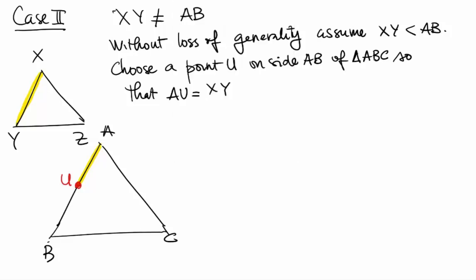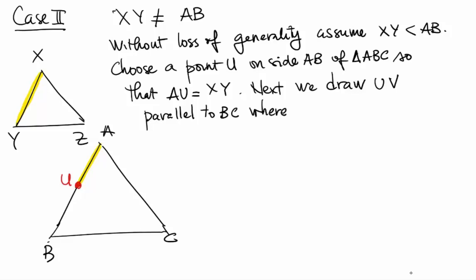Now we will draw next. We draw UV parallel to BC, where V lies on side AC.